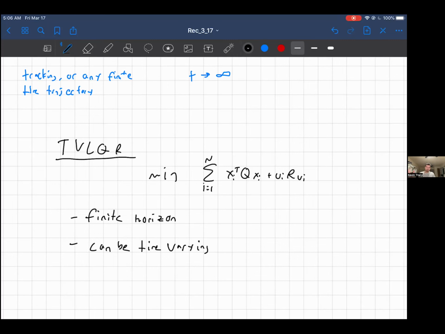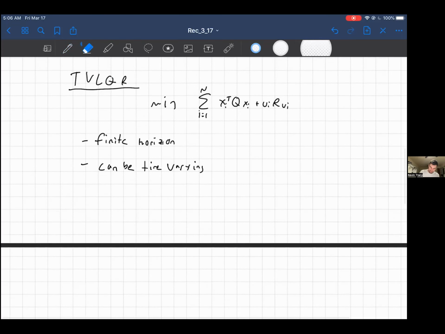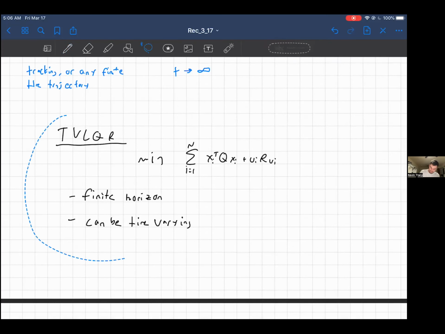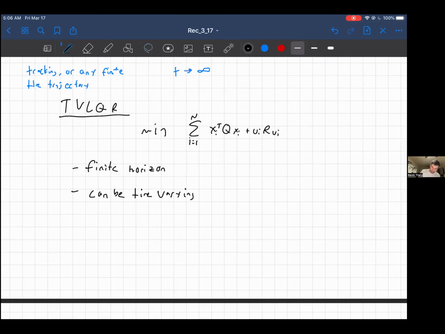So if it's ever time varying, it usually means that you have a specific time horizon in mind, and it means you have to use TVLQR or finite horizon LQR. So it can be time varying. Then what's something else I can say about this? That's probably sufficient. So this is time varying LQR, and then we have infinite horizon LQR. Oh, also tracking.